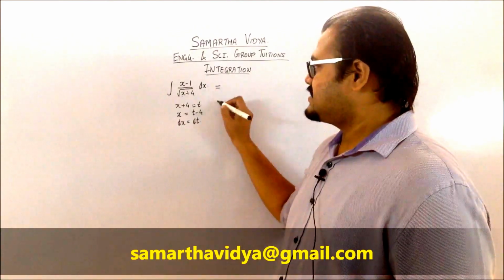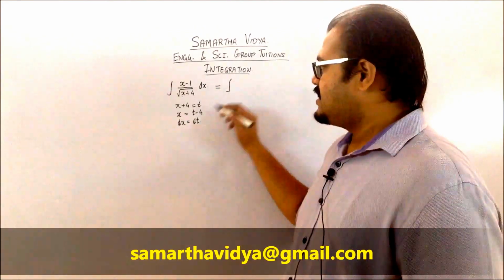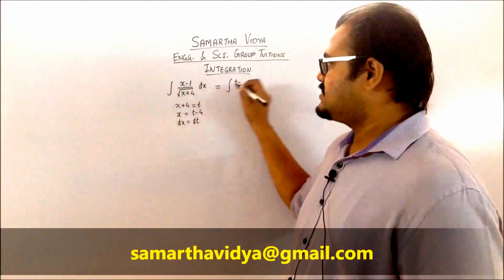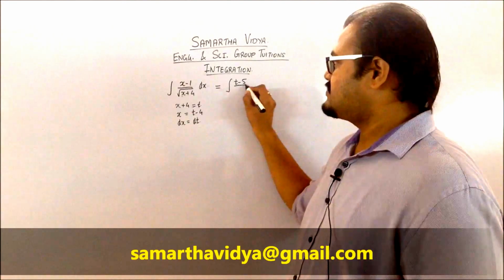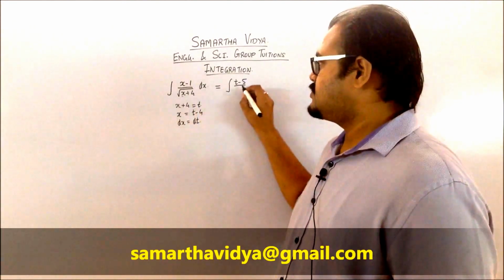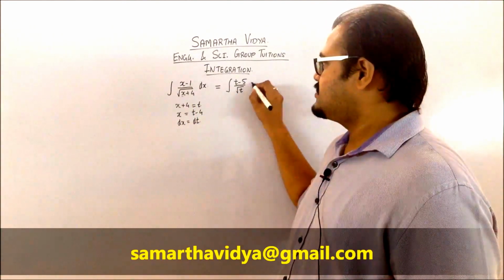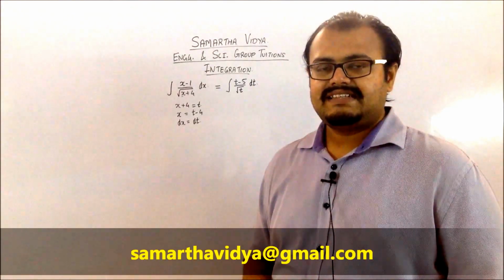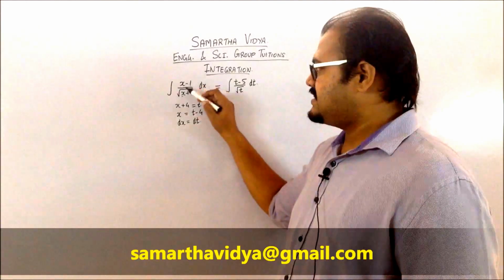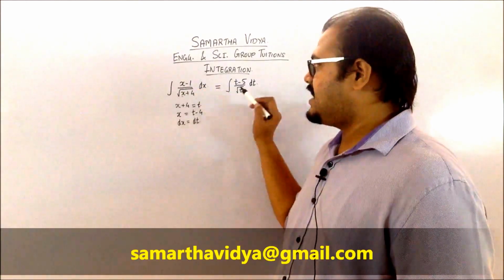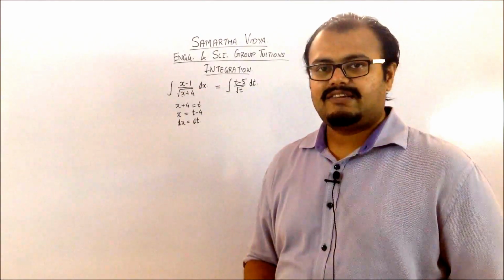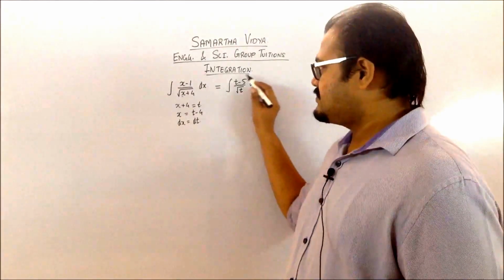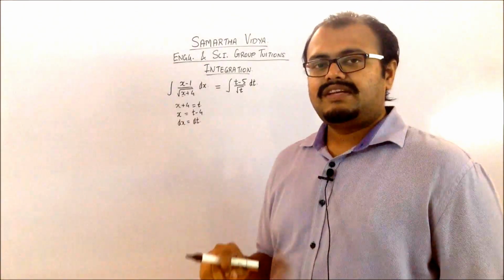So your integration can be simplified as: x is t minus 4, so t minus 4 minus 1 becomes t minus 5, upon x plus 4, which was t, so root t, and dx has become dt. You can see that all the terms in this integration are replaced by their equivalent in t, and the new integration you are solving is only in terms of t.